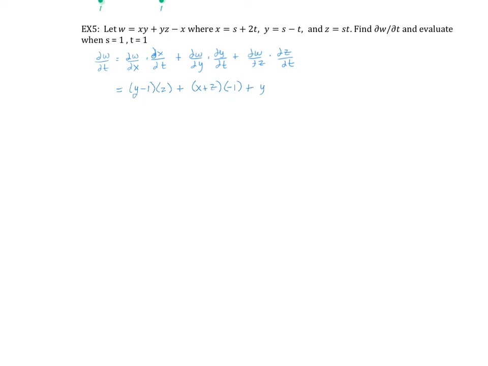Y with respect to t, or, oh, that looks like negative 1. Oh, sorry, that's z with respect to t. I'm terrible. Z with respect to t is simply s.